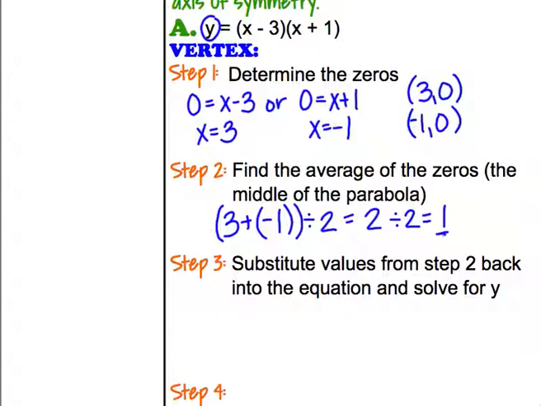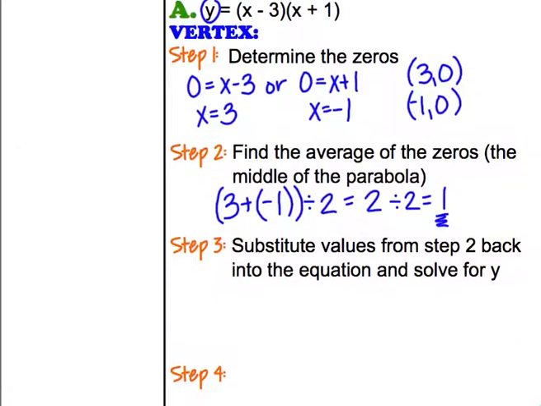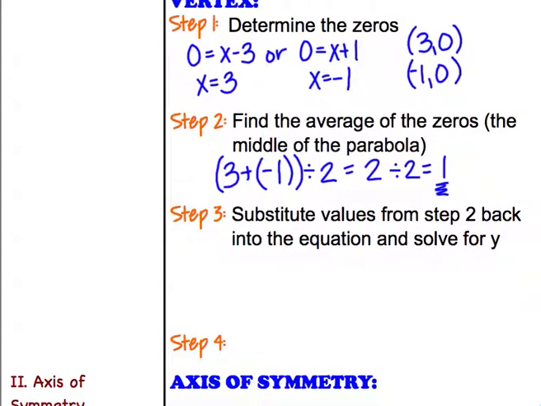This value is where that center line is, between the two zeros. Now we substitute the value from step 2, which is 1, back into the equation to solve for y.